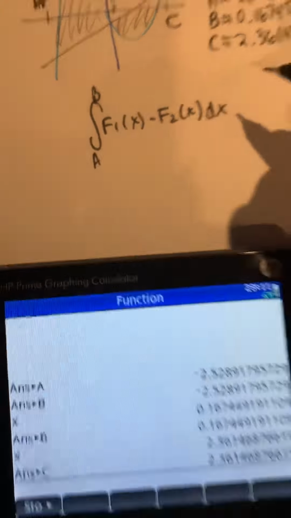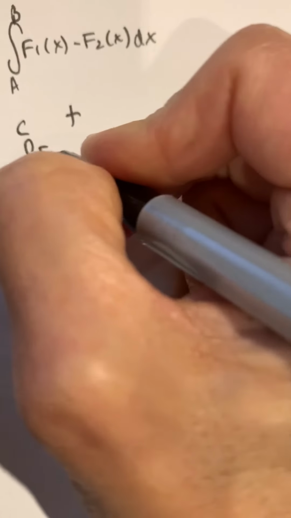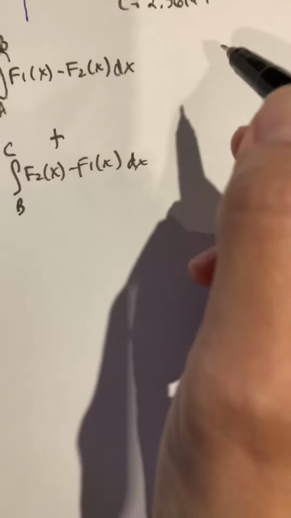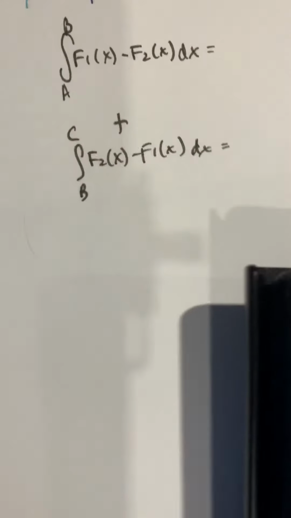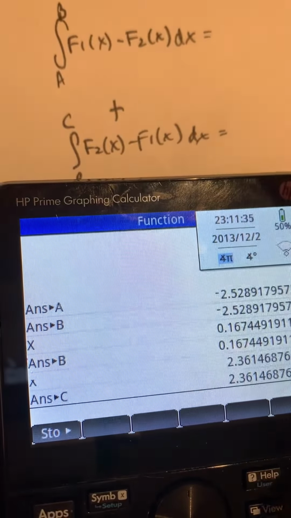And then I'll just put it underneath so it has room, plus B to C, and this is f2 of x minus f1 of x, right? And that is because the top function for this area is the linear part, okay? So that's the linear part. So now I'm just going to calculate these two things and then add them up. I think it's good to show it broken up just because that just makes it better.